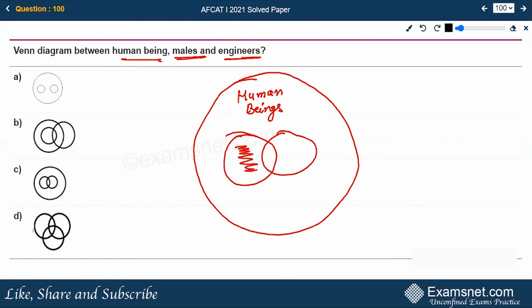This represents the males who are not engineers, this portion represents engineers who are not males, and this portion represents males who are engineers, right? Some males may be engineers, some males may not be engineers. Similarly, some engineers may be males, some engineers may not be males. So this Venn diagram correctly represents the given situation. Option C is your correct answer.